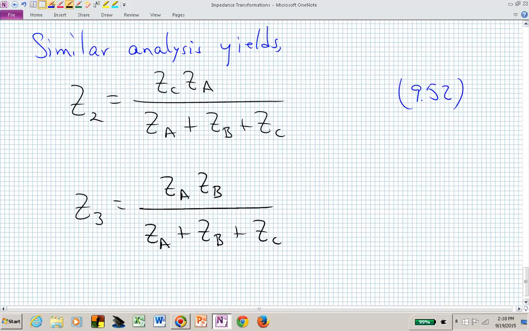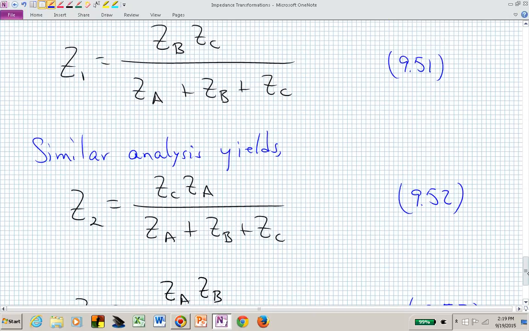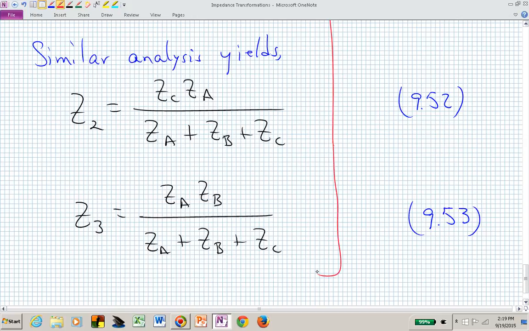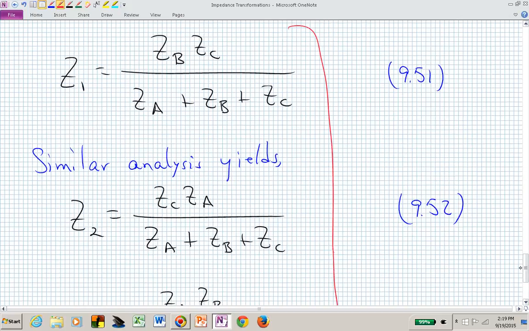And that then gives us the three equations that we need in an unbalanced impedance configuration to take us from a delta, those are the A, B, and C, to a Y impedance interconnection. So I will call that then the Delta-to-Wye transformations.